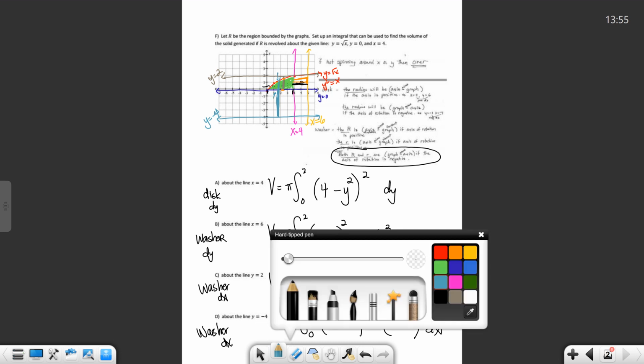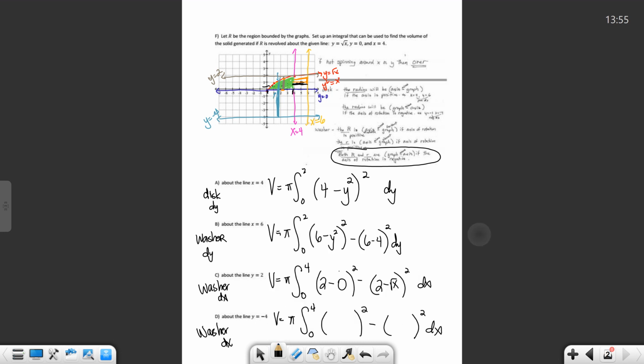Alright, so let's fill that in. It is graph minus axis. So I want the farthest away graph, which is square root of x, minus the axis, which is a negative 4. If we did have to keep on going and integrate this out, make sure you fix that double negative and change it to a positive. Then it's the closest one, the dark blue, which is 0 minus the axis, which is a negative 4.